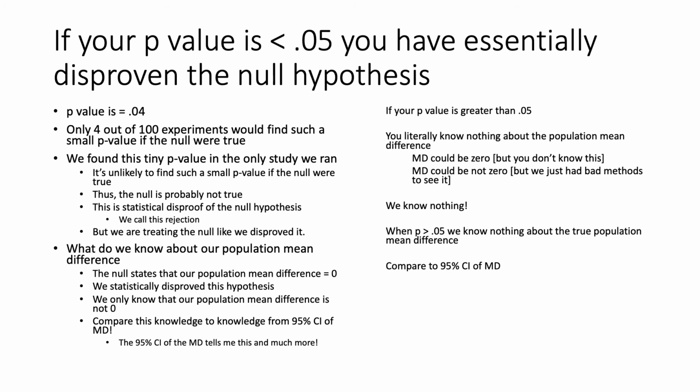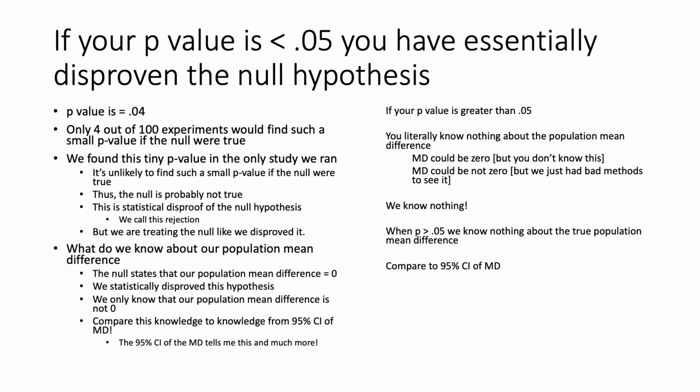That means that we are pretty confident that our true population mean difference is not 0. It could be 0.001. It could be 1,000. It could be 1,000,000, right? But the only thing we know right now is that our true population mean difference is not 0. I should technically say that we know that our true population mean difference is very, very, very unlikely to be 0.